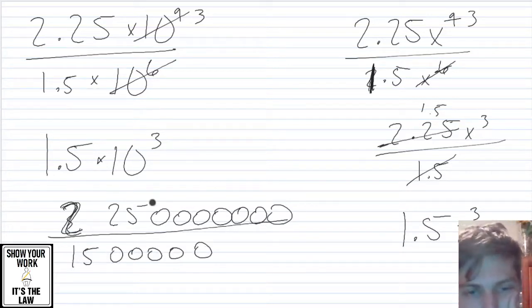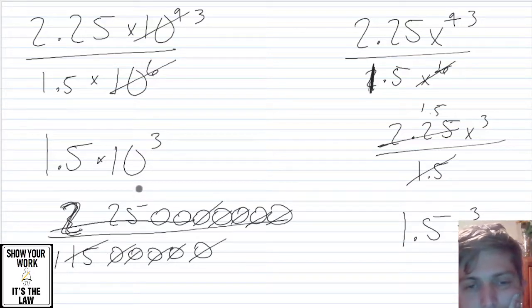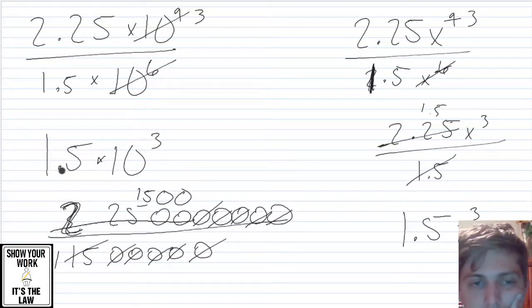So if we use our cancellation rules, we can cross out an equal amount of zeros, and then we're left with 225,000 divided by 15. Both these are divisible by 15, so that would give us 1,500, and that's the same as 1.5 times 10 to the 3, 1,500 right there.